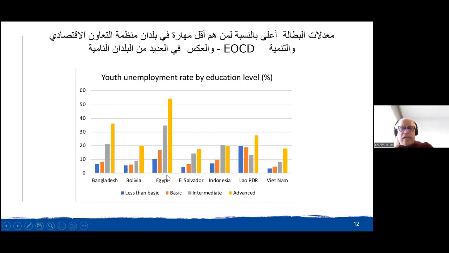In Egypt, for instance, when we have a basic training or when there is no training, unemployment rates are low. They hover around 10%. However, unemployment rates can reach 50% in other countries, in Bangladesh and Bolivia.